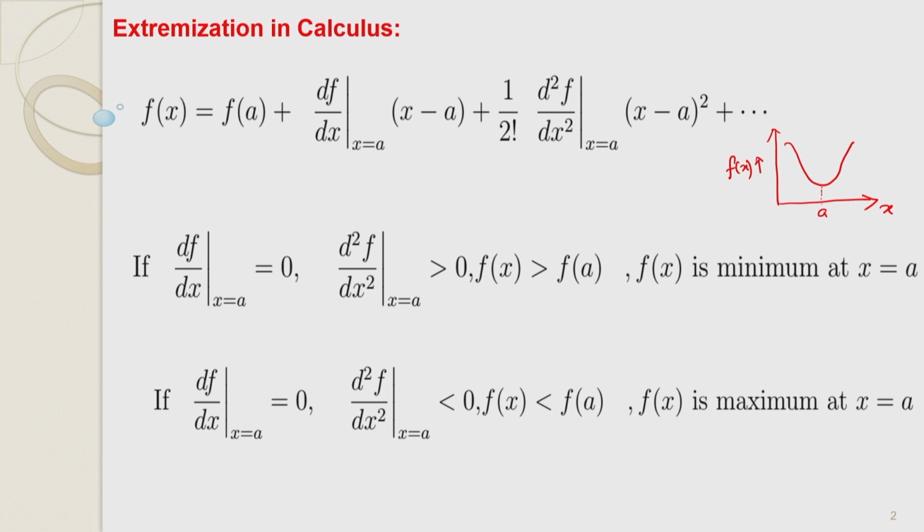Sometimes in physics, it can happen that some function is dependent on another function. We can write some very simple form, for example, I = integral from x1 to x2.